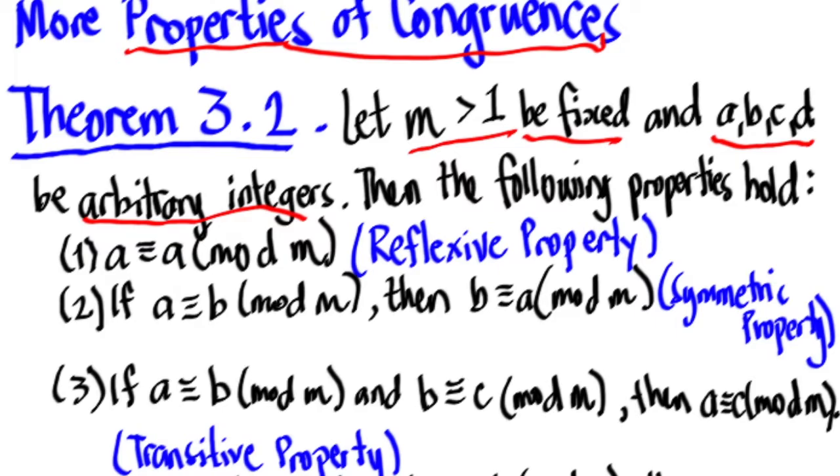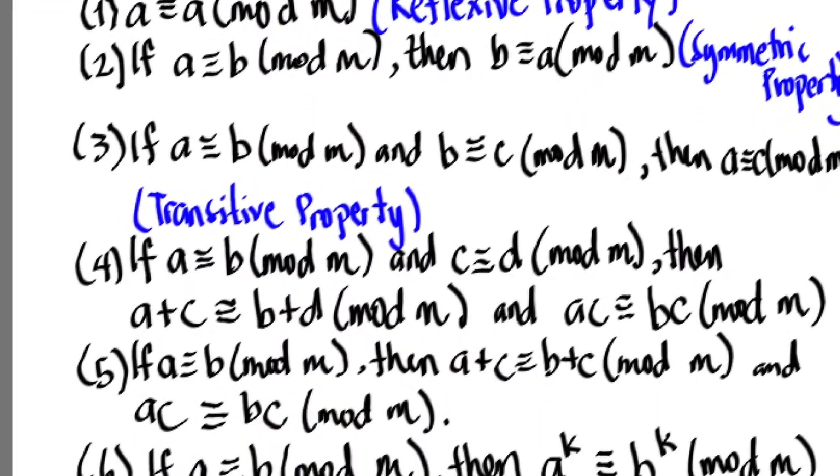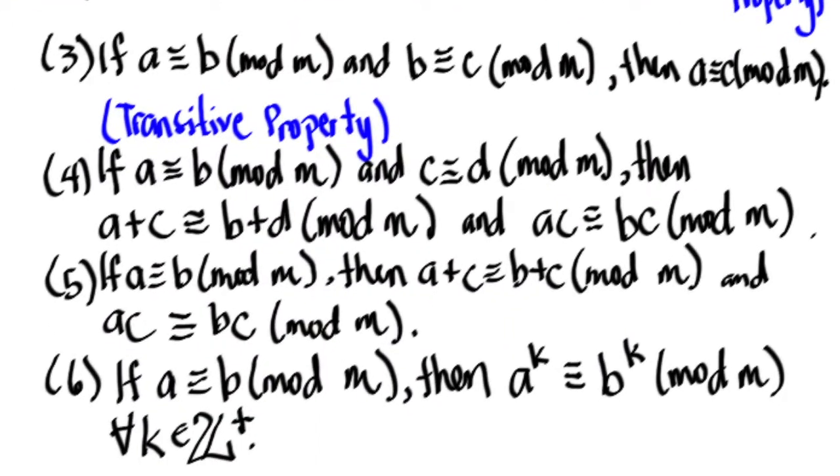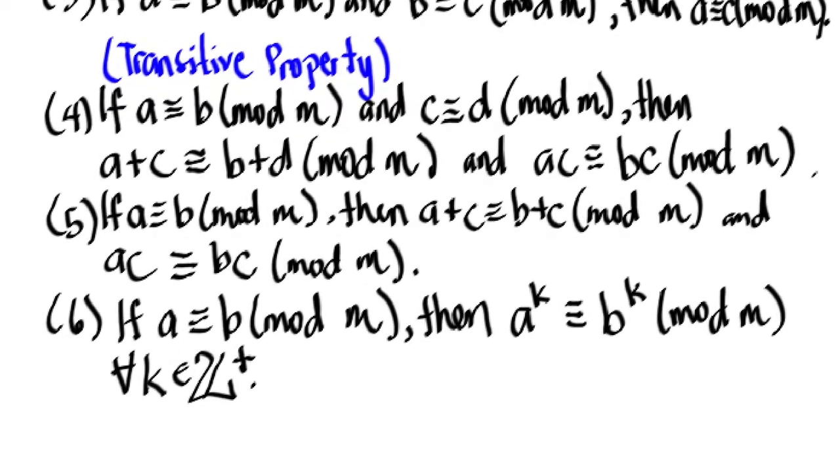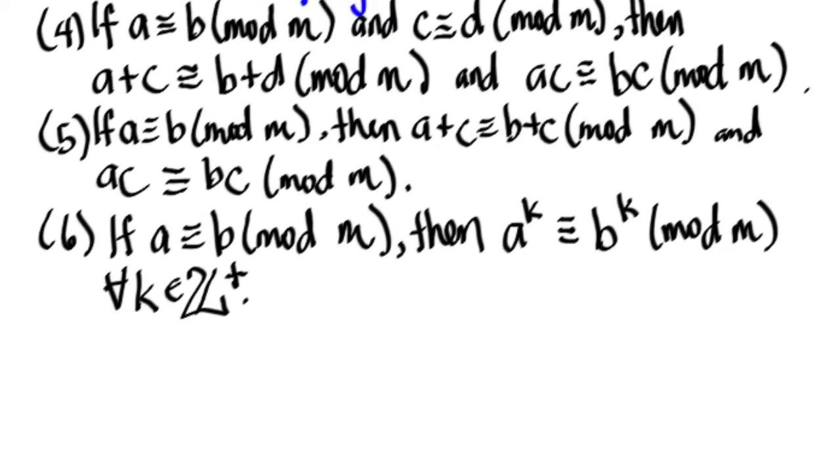The next three properties will tackle a little bit more of the operational part rather than the equivalence properties. Properties 4, 5, and 6 will tackle more of the fundamental operations.